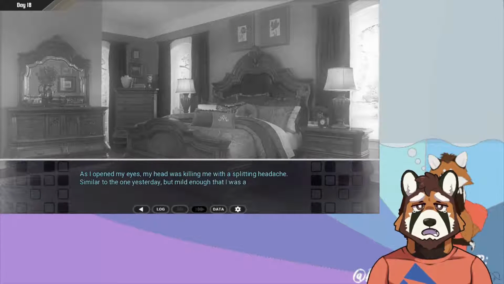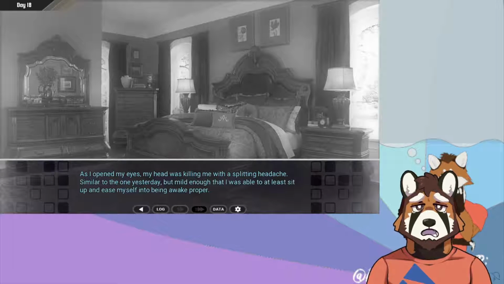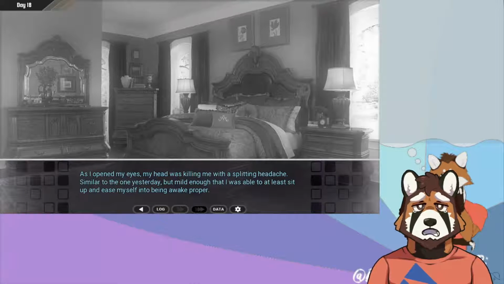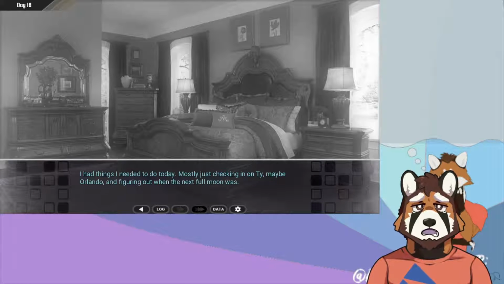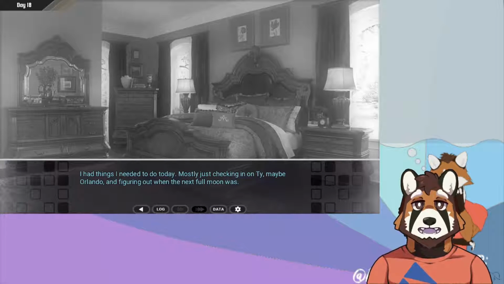As I opened my eyes, my head was killing me with a splitting headache. Similar to the one yesterday, but mild enough that I was able to at least sit up and ease myself into being awake proper. I had things that I needed to do today. Mostly just checking in on Ty. Or maybe Orlando. And figuring out when the next full moon was.